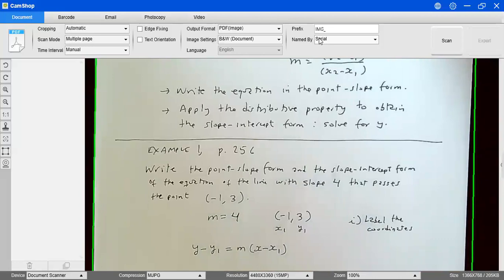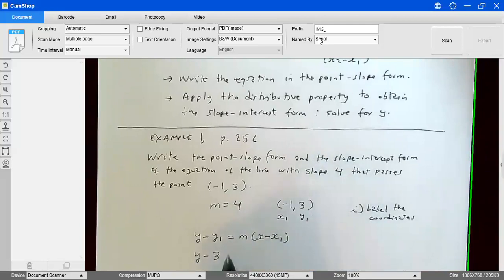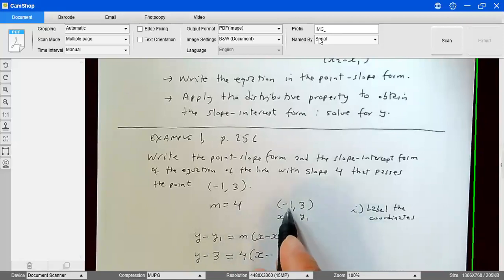We're gonna replace m with 4, and we're gonna replace x1 and y1 with their corresponding value. So I have y minus, and remember, this is the minus that comes from the formula, and y1 is just 3, so no problem. If you have -3, then you need to write another minus here. Then this is equal to m, which is 4, then x minus from the formula, and minus from the x1 coordinate.